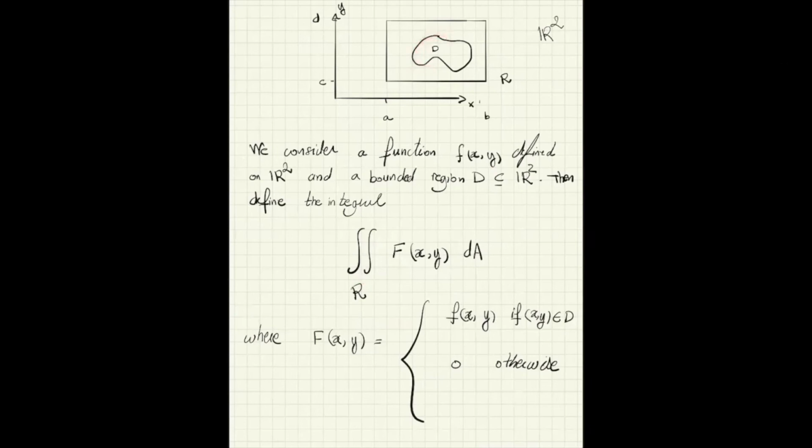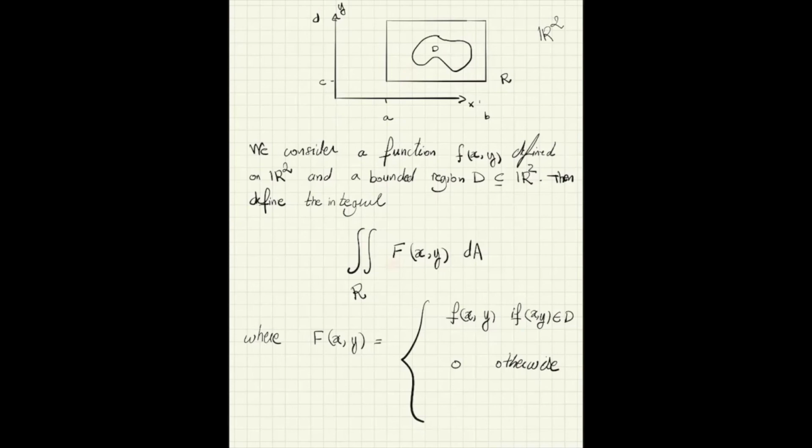So we bound them by a rectangle, then we introduce a function that is zero outside this region and takes the normal value of the function inside. If you want to integrate this function on D, then you just integrate this capital F on R.